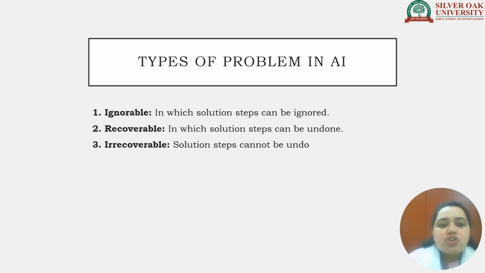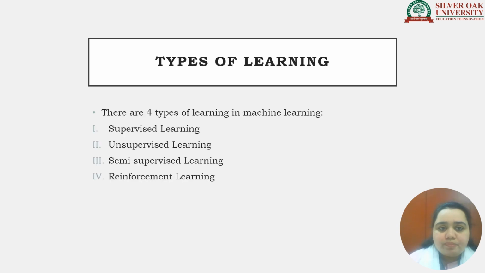And an irrecoverable problem is one where the solutions and the steps cannot be undone. By undone, I mean you have already circulated a solution and now you cannot change the solution. So that is known as an irrecoverable problem.